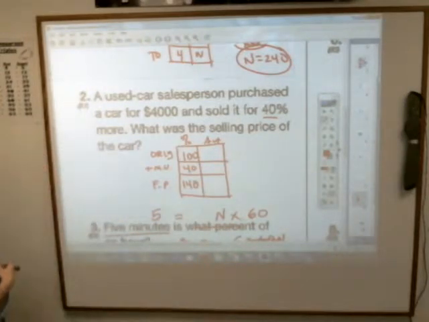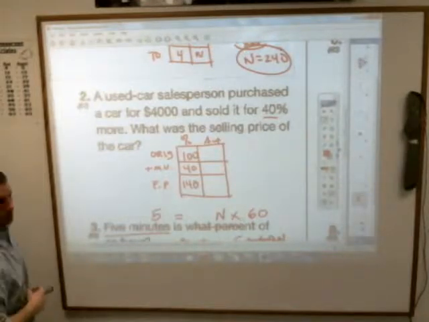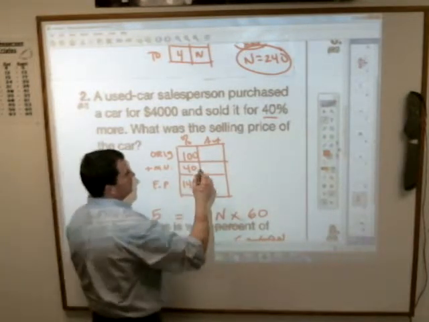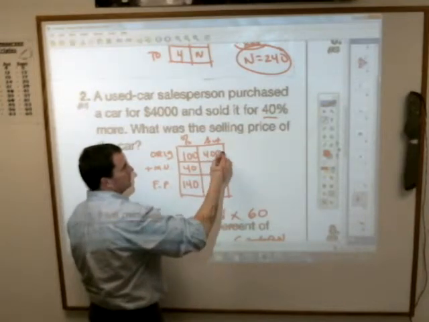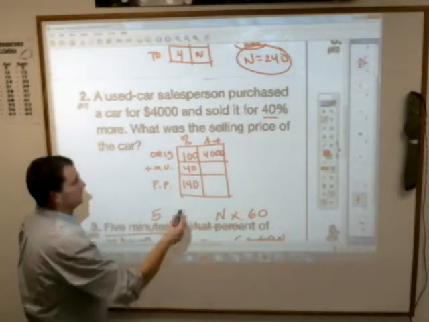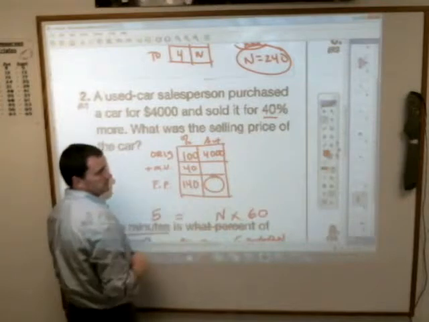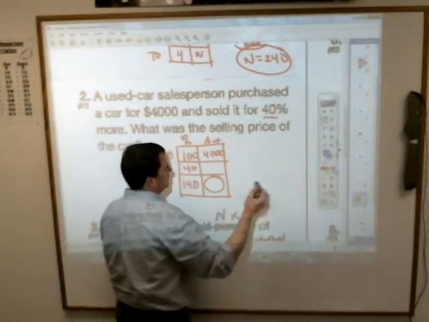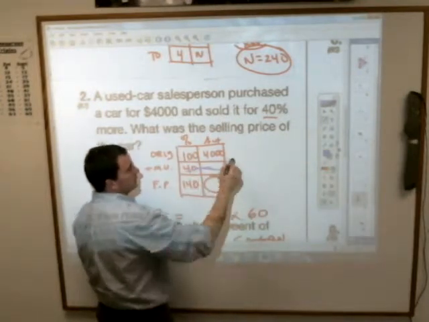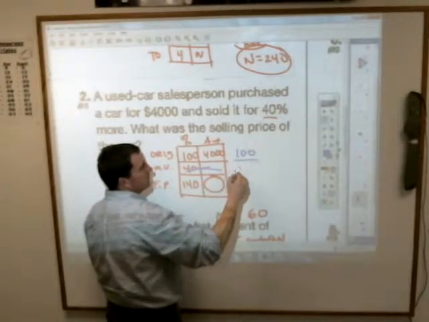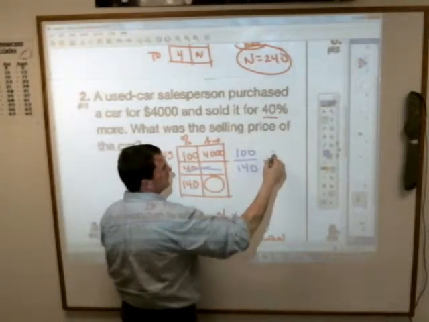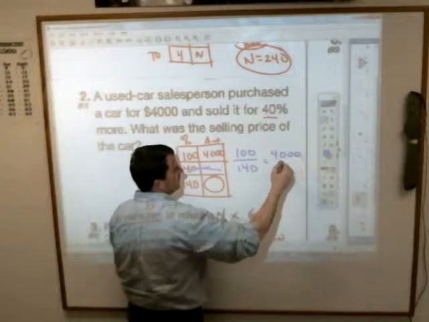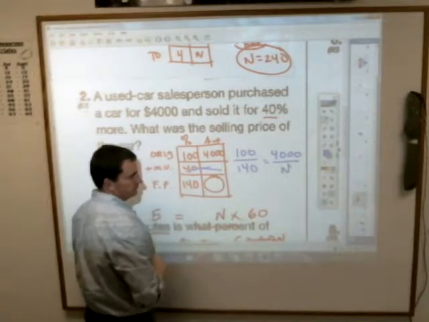Now, is $4,000 how much the car originally cost, or how much it cost after the markup? It's the original. And they wanna know what was the selling price. So you don't need this to solve it anymore. You have 100 over 140 equals 4,000 over what number?